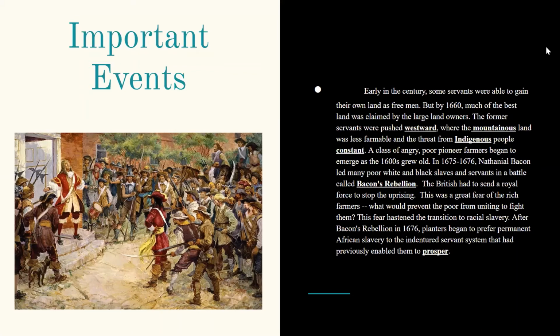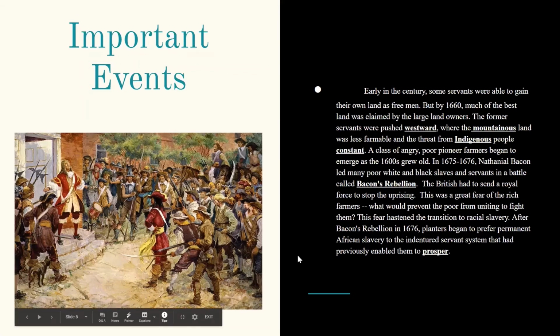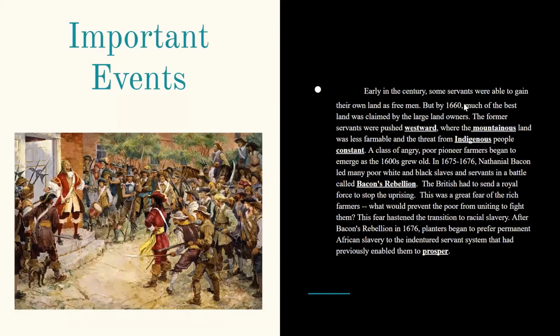Okay, so what did this passage tell us? What important events did we learn about? What do you think this picture's of after reading this? Okay, what do we think the word westward means? What word does it remind us of? Or mountainous, does that remind you of a word? What do we think indigenous means? We know that they're indigenous people.